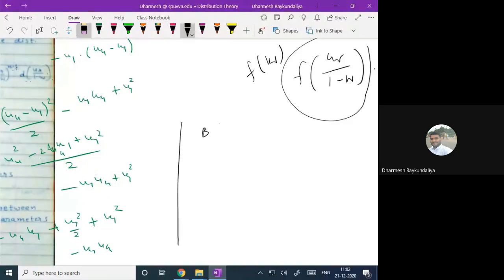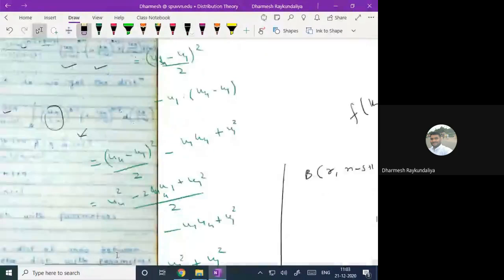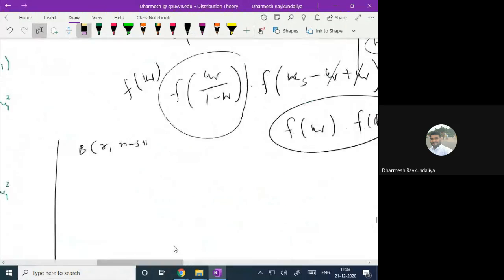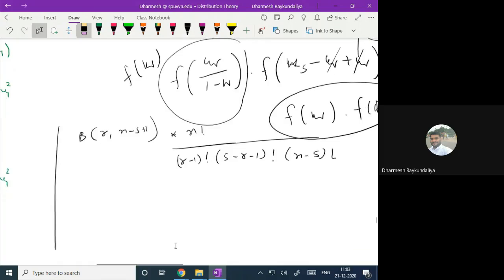You have a beta of r, n minus s plus 1, and here this quantity is with you: n factorial upon (r minus 1) factorial into (s minus r minus 1) factorial into (n minus s) factorial.